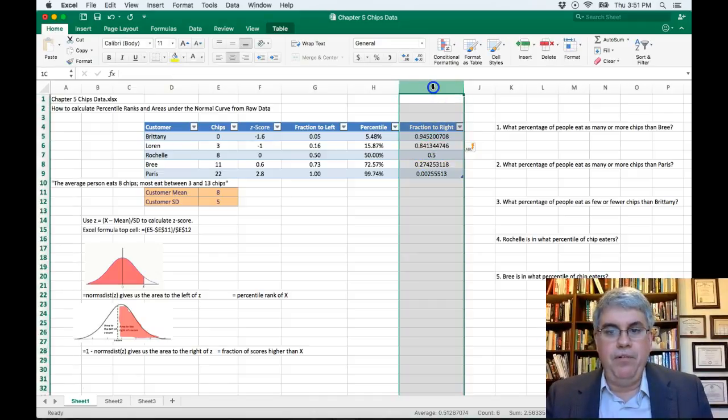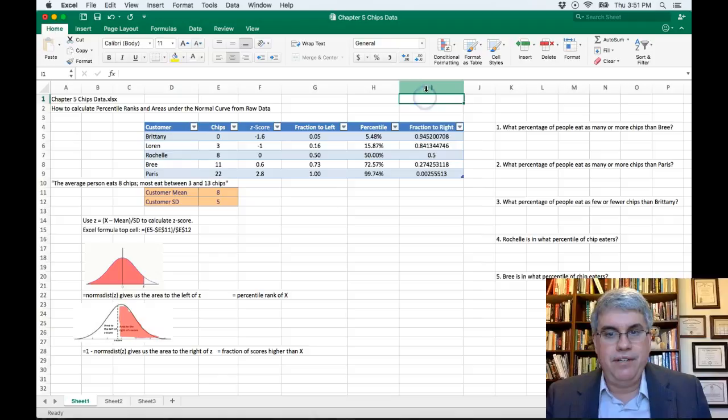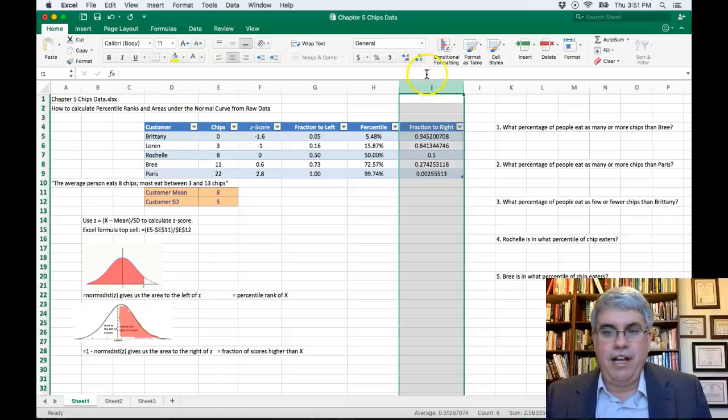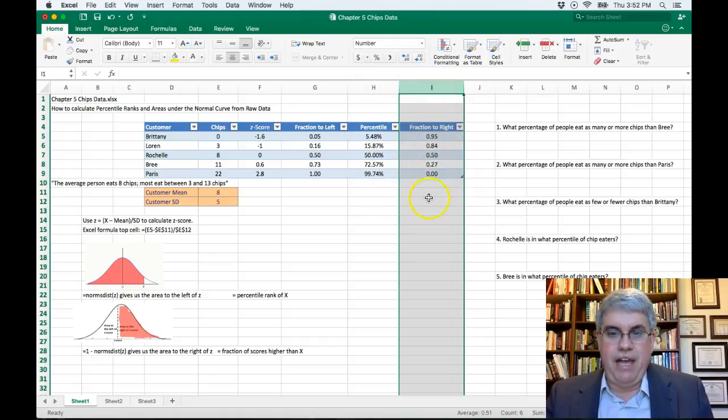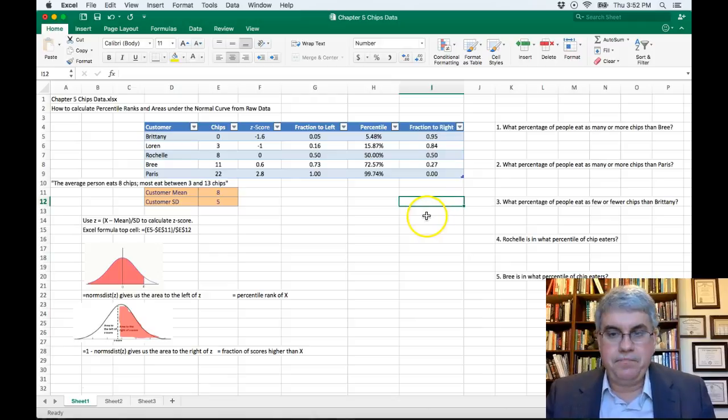I'm going to round them down to 2 decimal points, highlight the entire column, and press number. And there we have the fraction to the right.